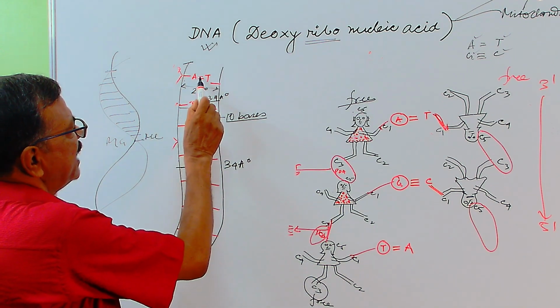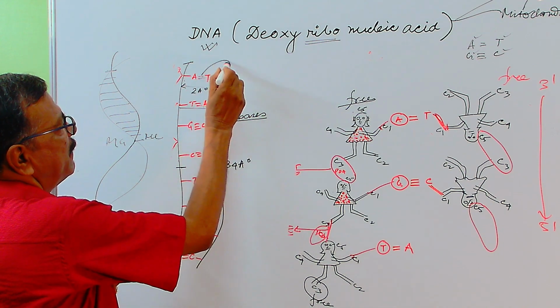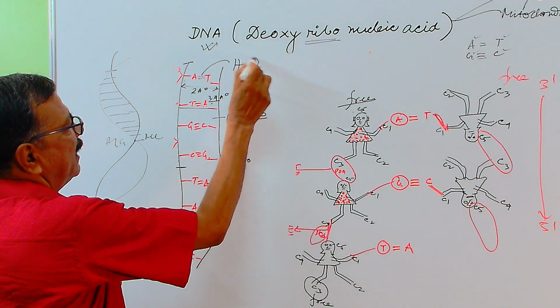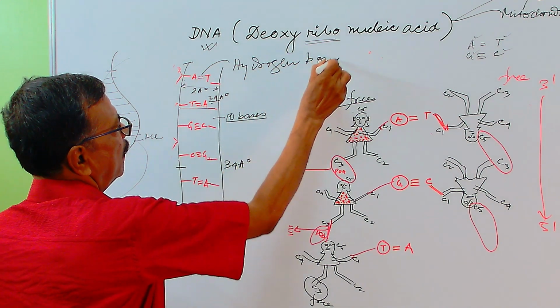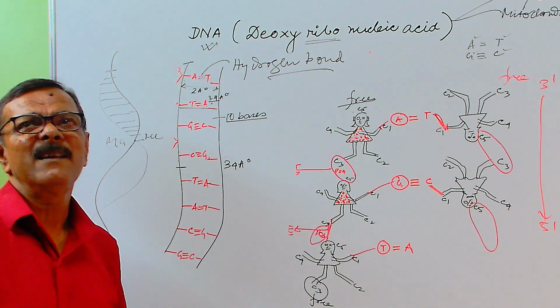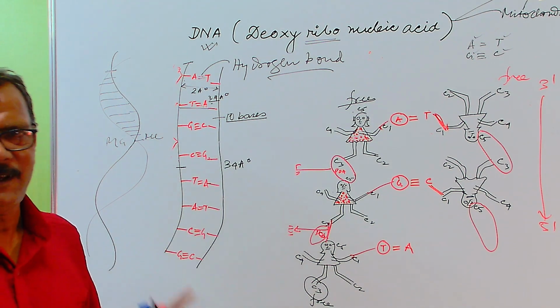And the two bases remain joined with each other by hydrogen bonds. Clear? So up to this, it is DNA.